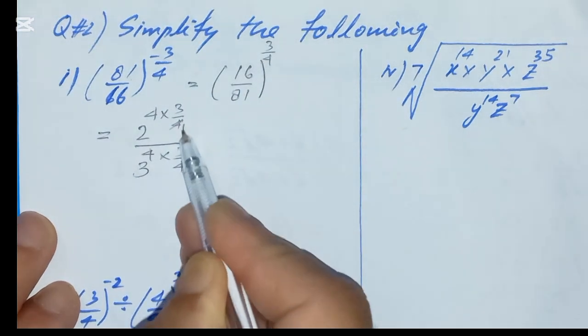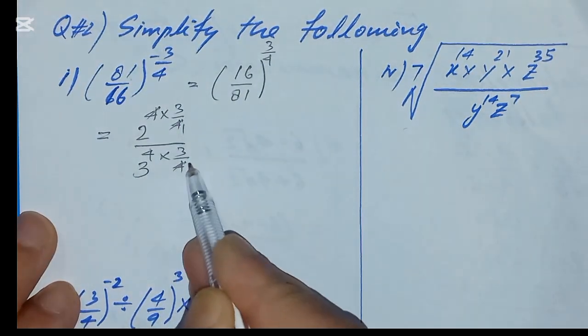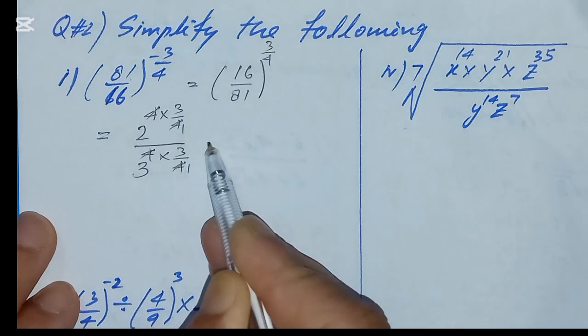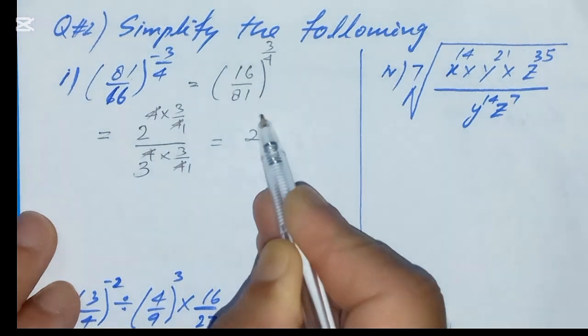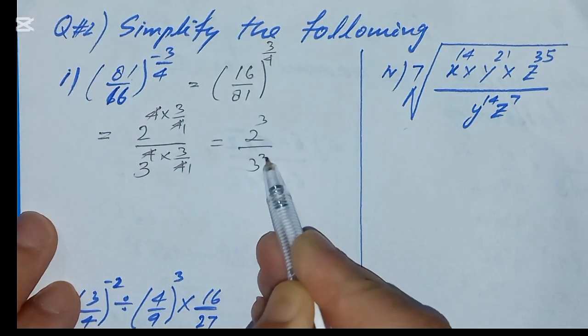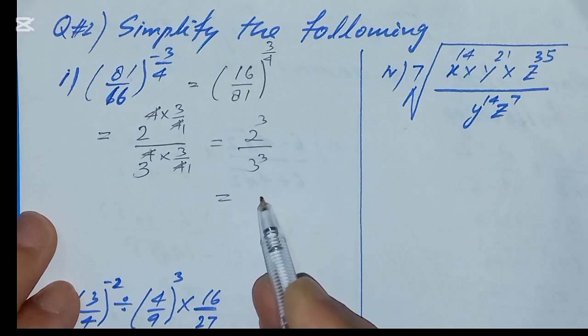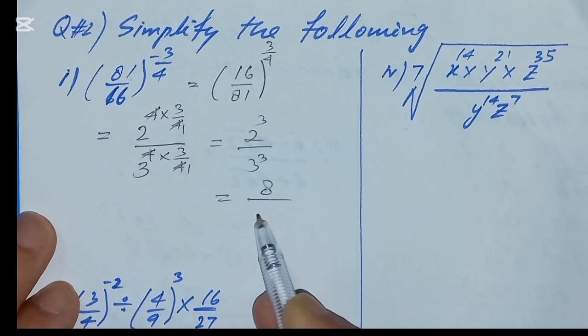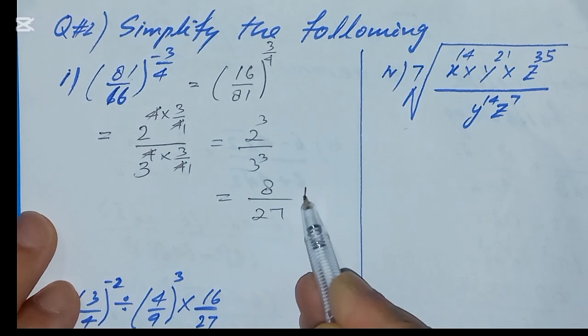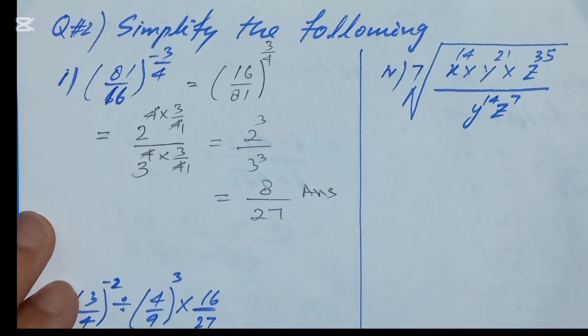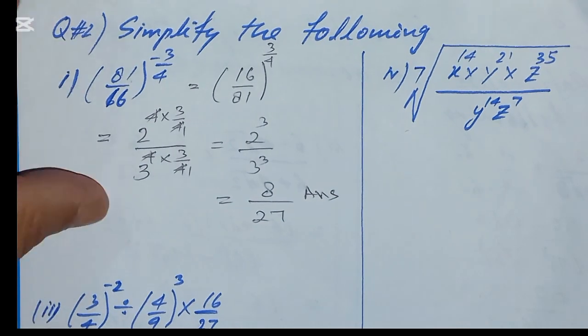This 4 cancels with this 4 and this 4 cancels with this 4. So we have 2 power 3 and 3 power 3. So its answer is 2 power 3 is 8 and 3 power 3 is 27. So its answer is 8 by 27.